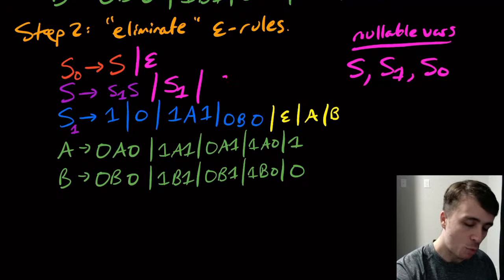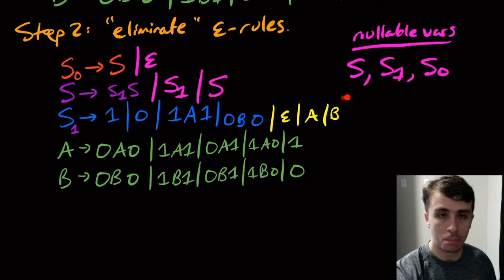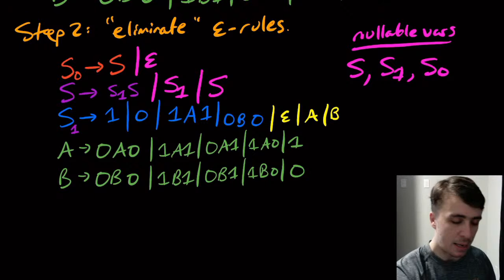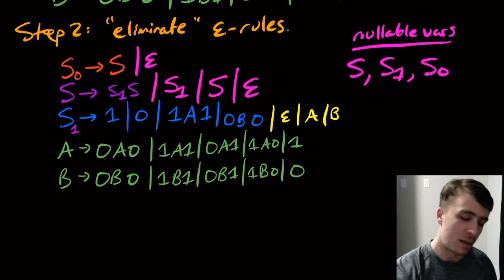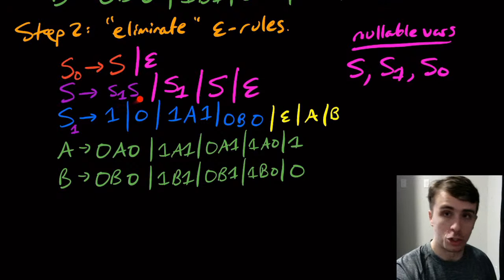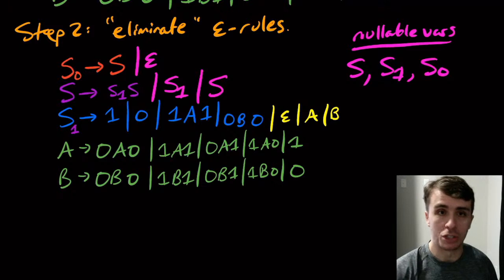So I have to add the rule goes to S. We'll deal with this in a second. But it could be that both of these make epsilon because they're both on this list. So I could, if I wanted to, add a rule that said or epsilon, because that corresponds to when both of these are empty, but I don't want to reintroduce epsilon rules.